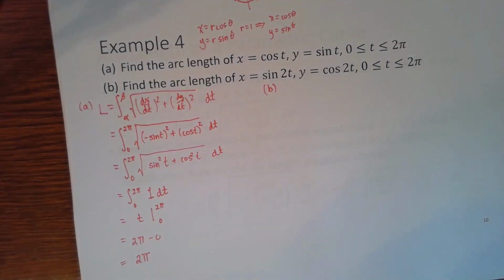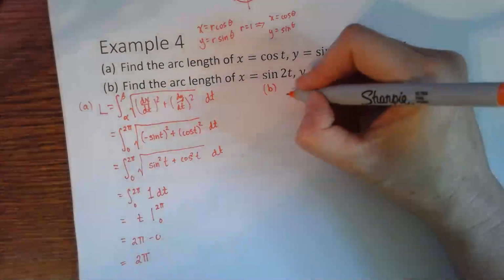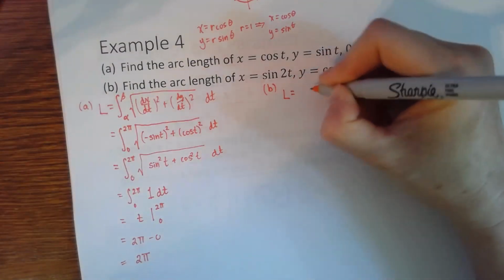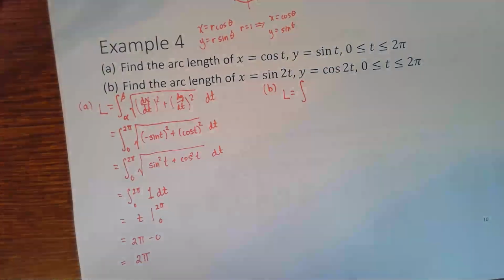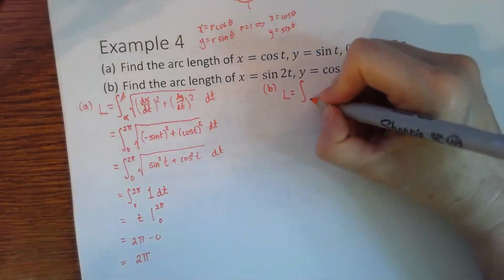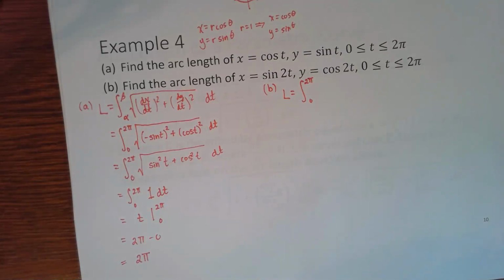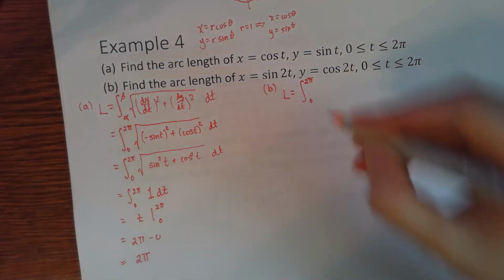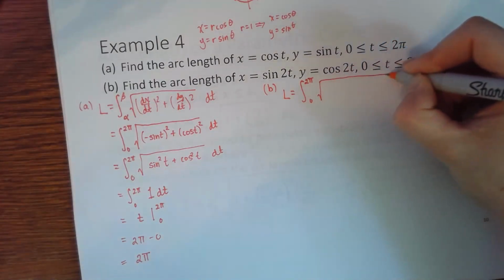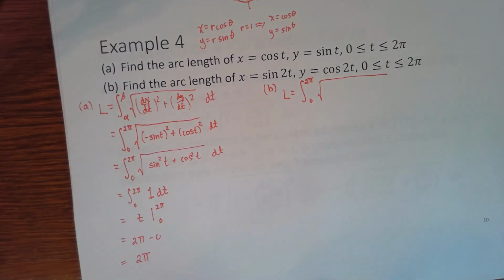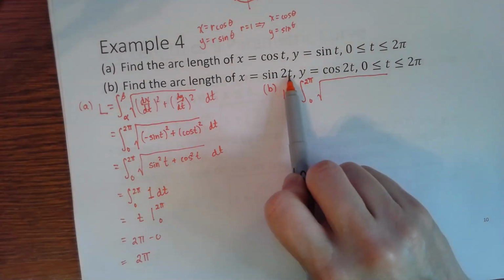Okay, so for B, let's do this one. So the arc length, again, is the integral from alpha to beta, so 0 to 2 pi. Okay, and then the square root of the derivative of x with respect to t, so that's this one.